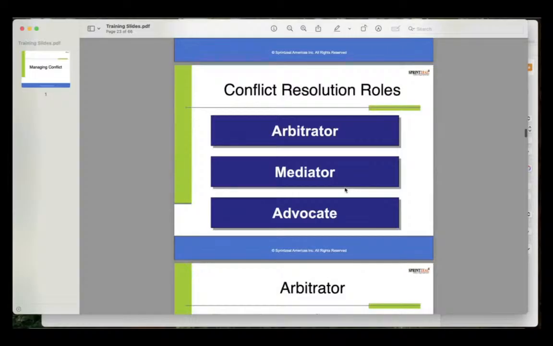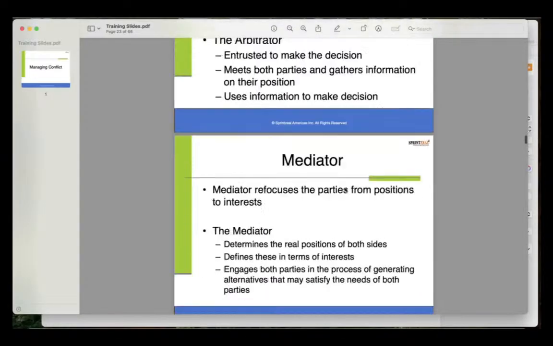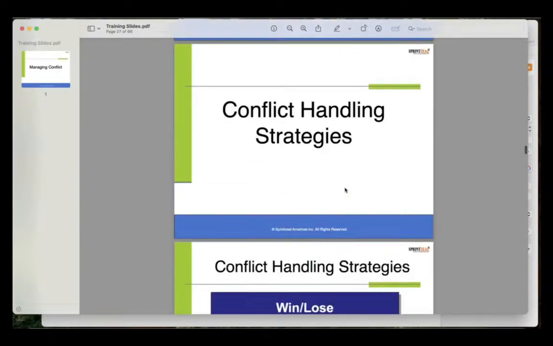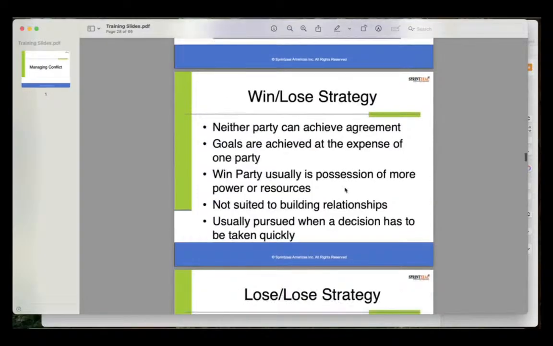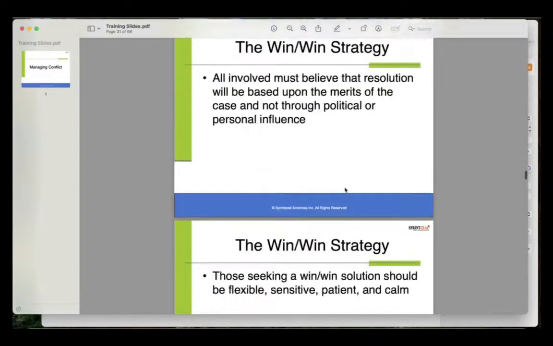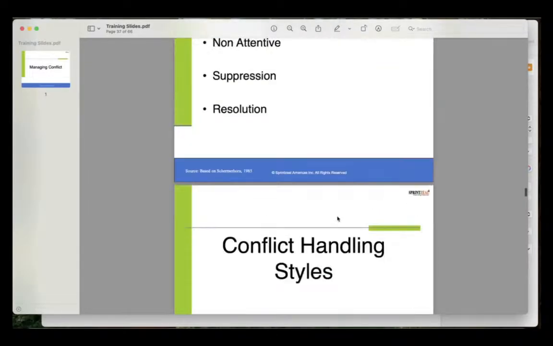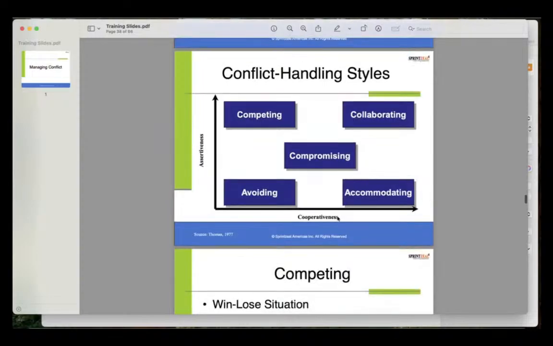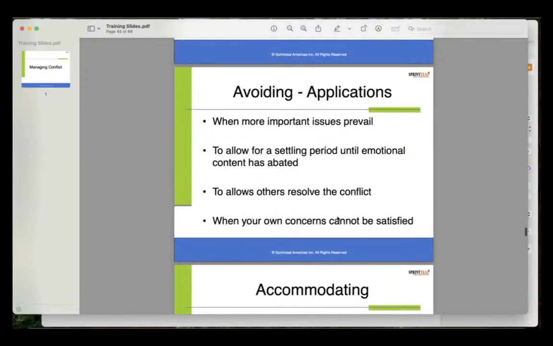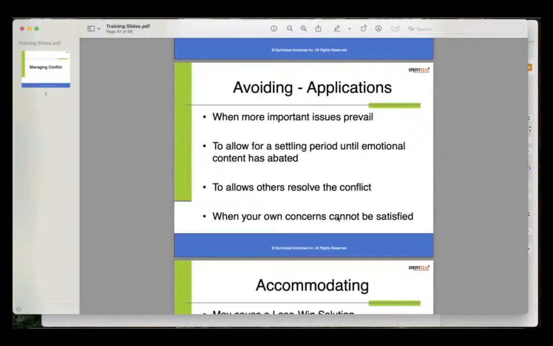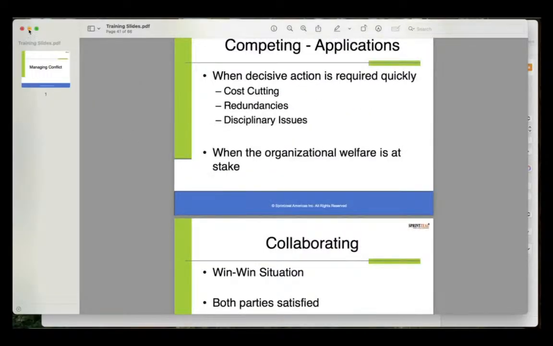Then we discussed conflict handling strategies also, and some strategies for managers. Then conflict handling style is the next one we have studied. Right now we're done with quiz one. Maybe later in the day we will quickly recap this with some different questions.